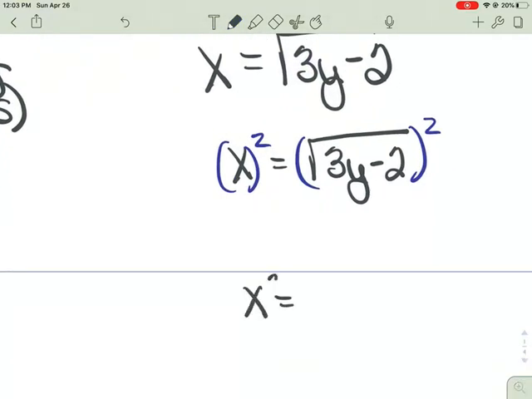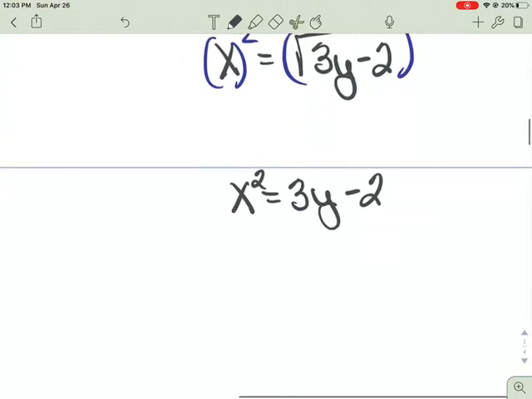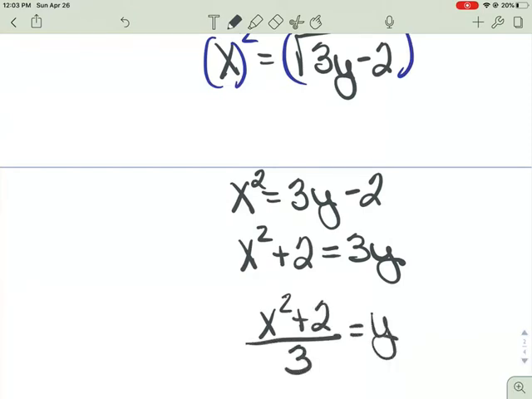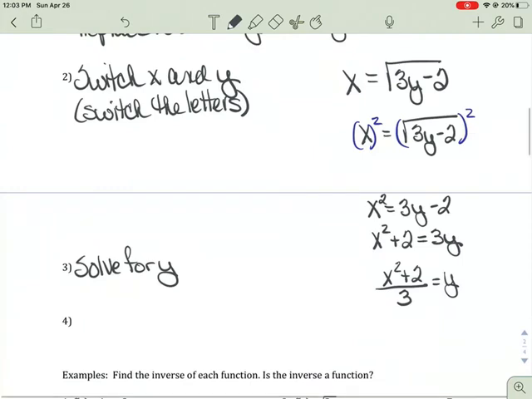So we get x squared equals 3y minus 2. Solve for y. Add the 2. You have a couple of choices: you can divide by 3, or multiply by 1/3. I'm going to leave it as x squared plus 2, the whole thing divided by 3, is equal to y.